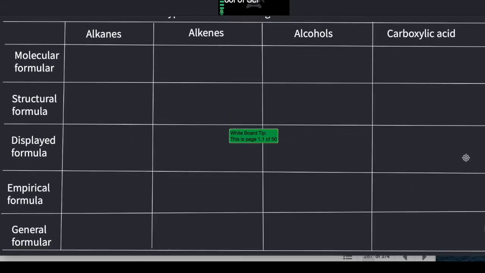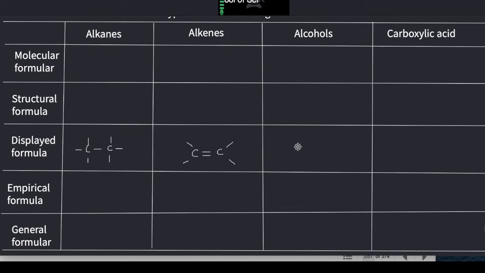Now let's look at the molecular structure. Let's do ethane, for instance. Ethane, C displayed, that's ethane. Now ethene will be a double bond, bonded with hydrogen, right?